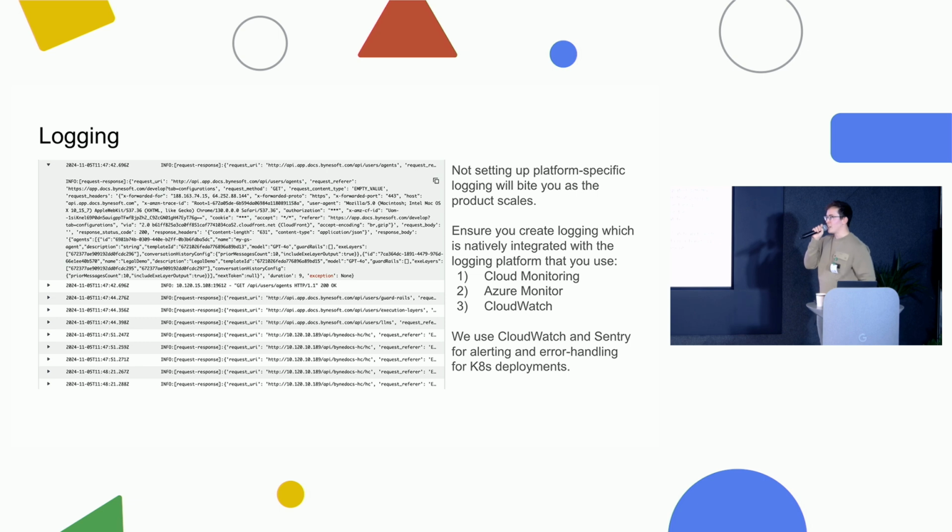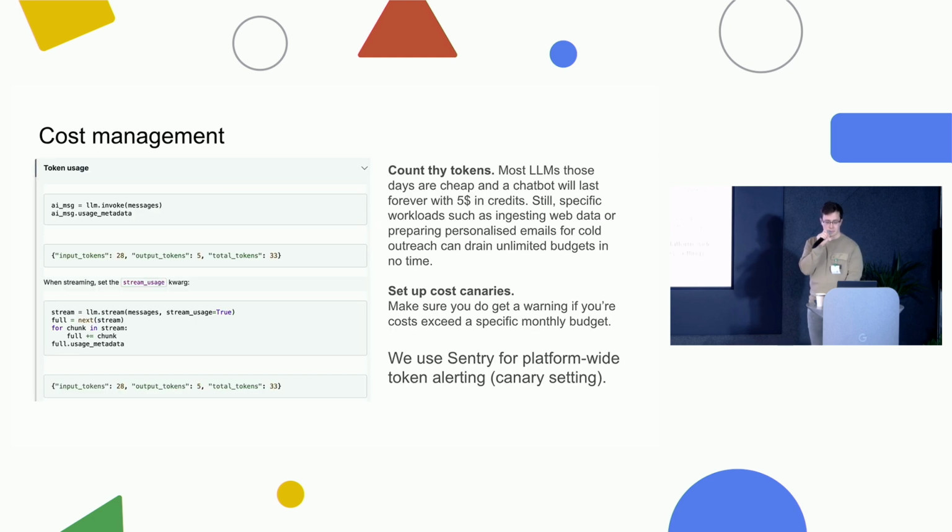Because if you just think, okay, I have the logging there, it should log everything, it should work nicely, no, it won't. As soon as people start using your app, your logs will become an absolute mess that you will not be able to track, you will not be able to understand the bugs, you will not be able to debug the app. Just please don't do it. Make sure you set up logging to work natively with the platform provided by your cloud vendor.